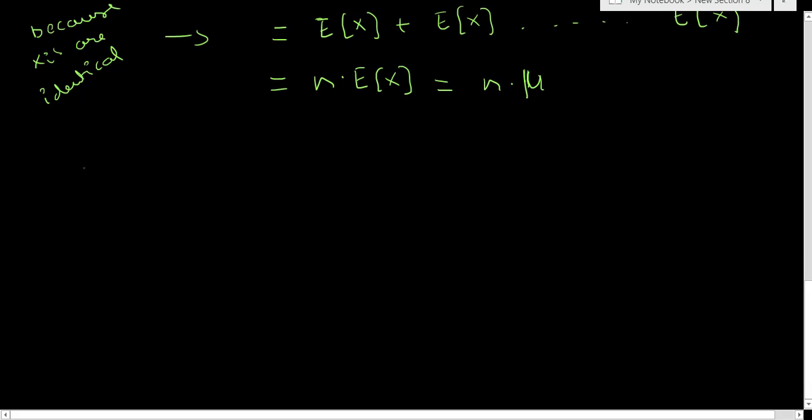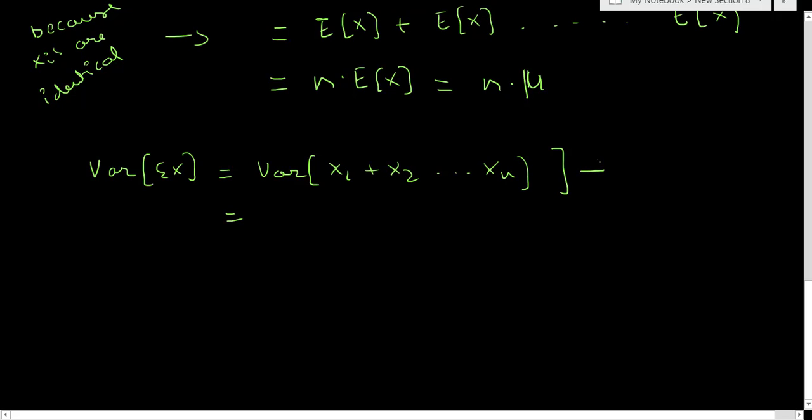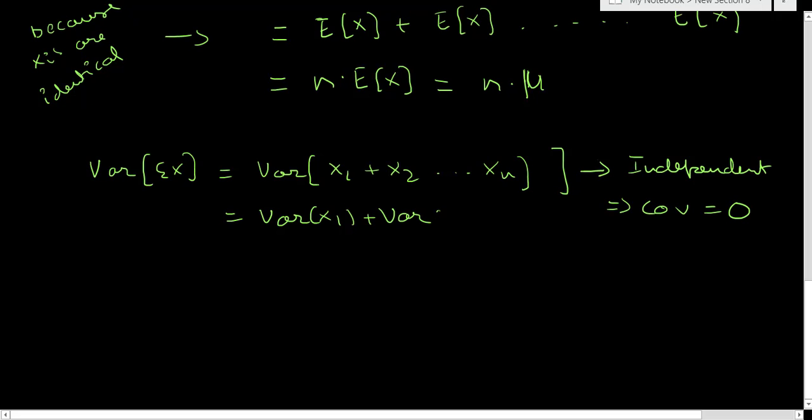Now talking about the variance, a similar proof is possible for variance. If I talk about the variance of sigma x, this would be the variance of x1 plus x2 going up till xn. As they are independent, this implies that their covariance term is 0. So the variance of all this would be the variance of x1 plus the variance of x2 up till the variance of xn.